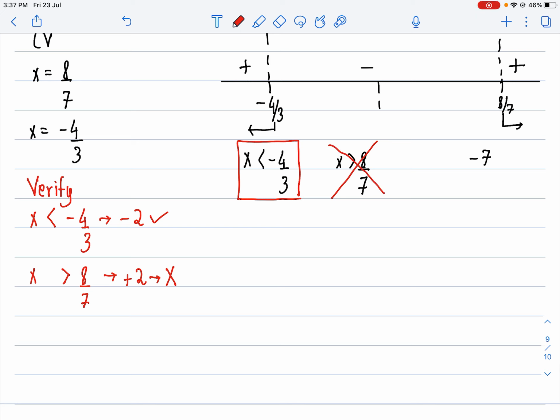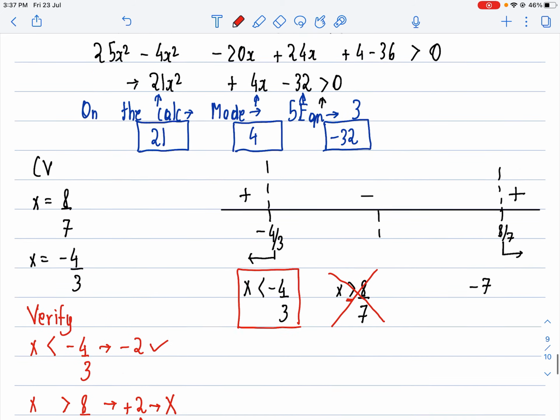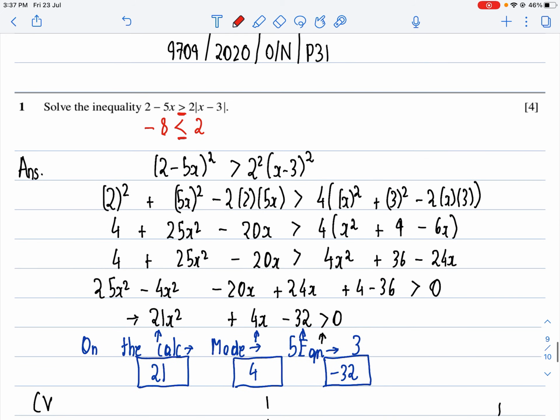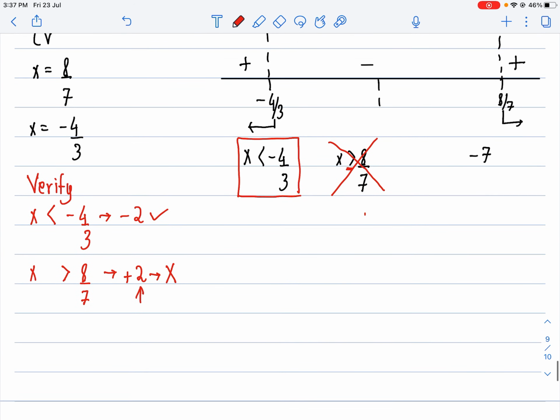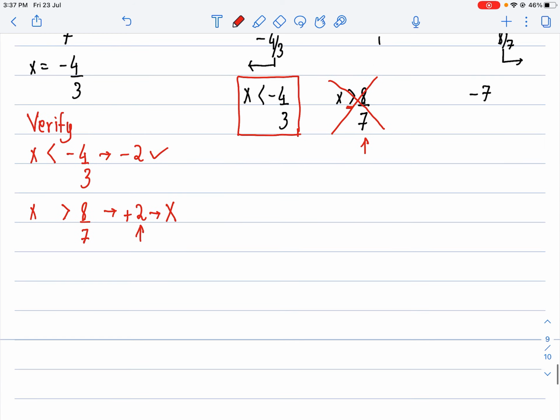Okay, understood why? Because here I said x more than 8/7 will satisfy my inequality. But here when I took a value which is more than 8/7, which is 2, it did not satisfy this inequality. That means this value will simply be eliminated, and the only answer which I'll have is x less than -4/3, which is the final answer.